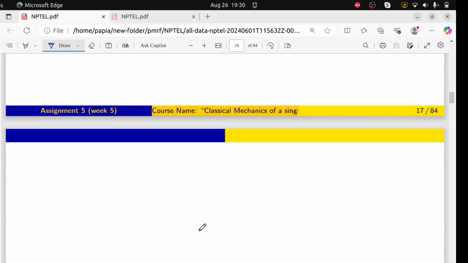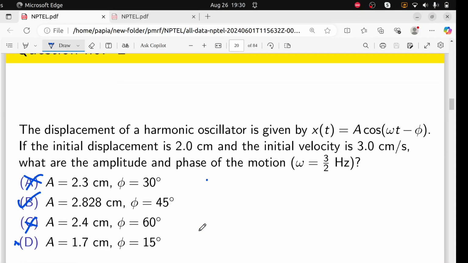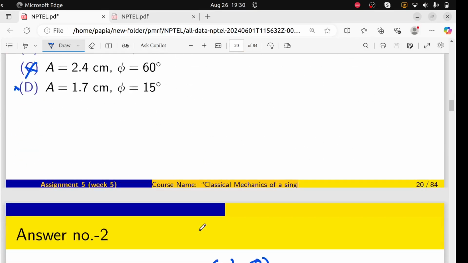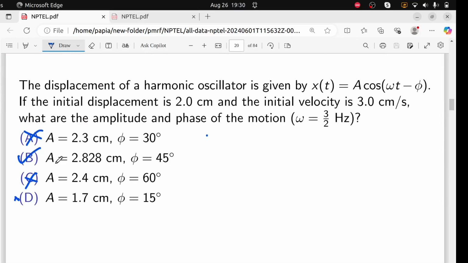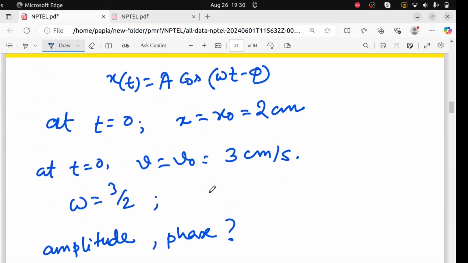Then this one needs a little bit calculation. And it turned out that A equals 2.828 Newton, phi equals 45 degree. How we did that?